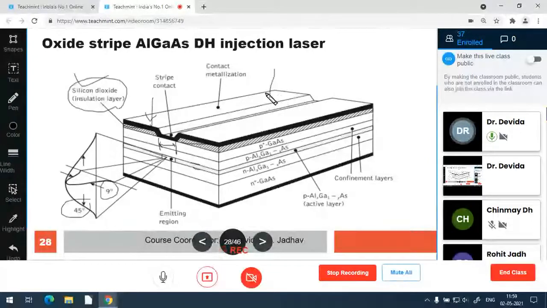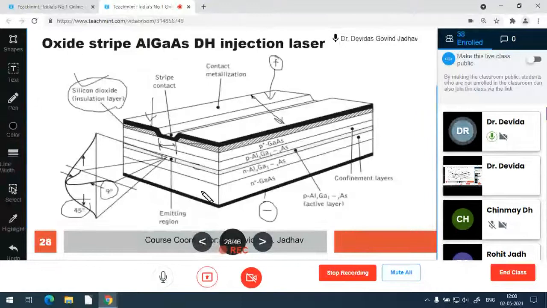On the upper side, the metallization is there for connecting the bias. Suppose positive bias is connected here, positive of the battery. On the other side, negative of the battery, so on the other side also there is a metallization.